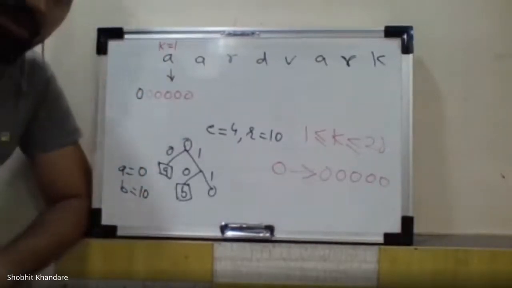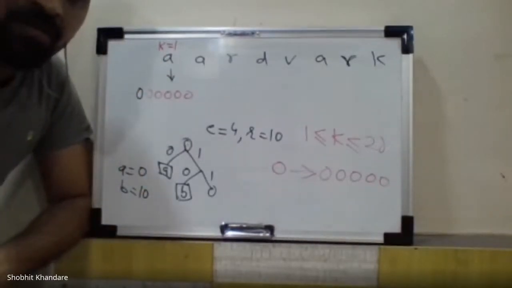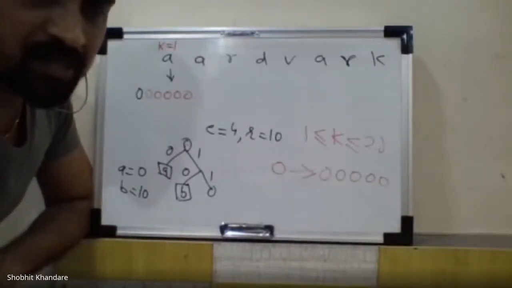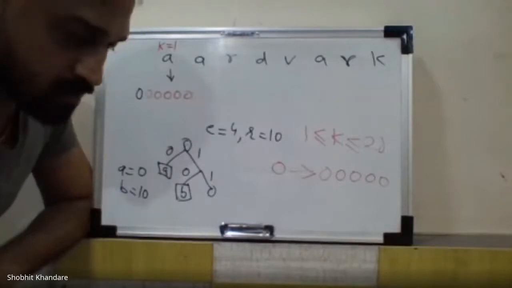Do you agree with me or not? Yes, sir. बाकी लोग, do you agree with this? For second letter A, the code is 1.